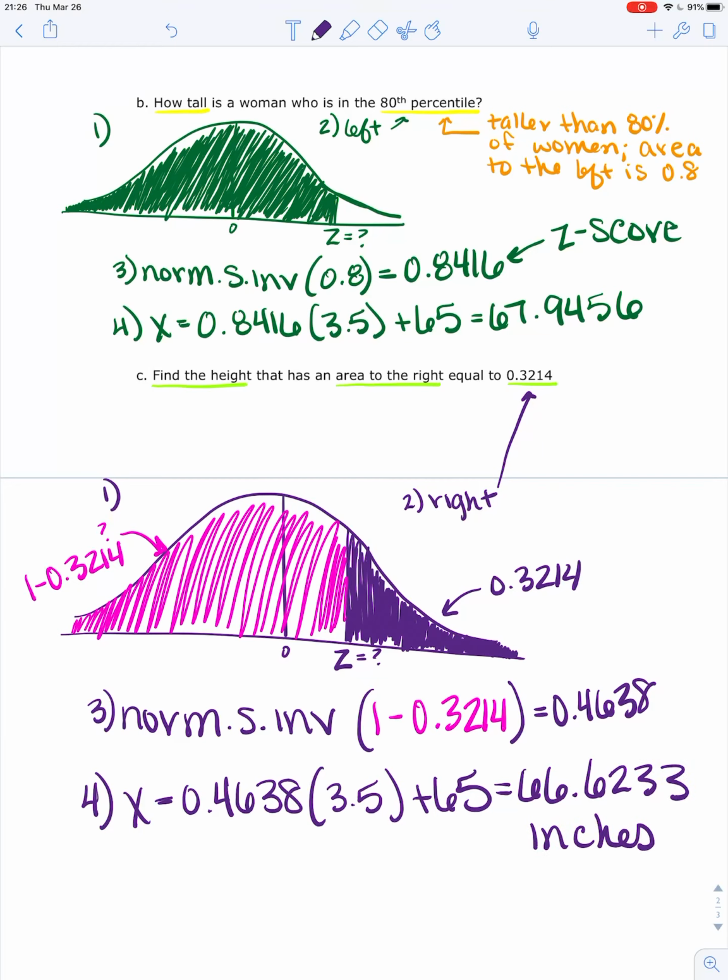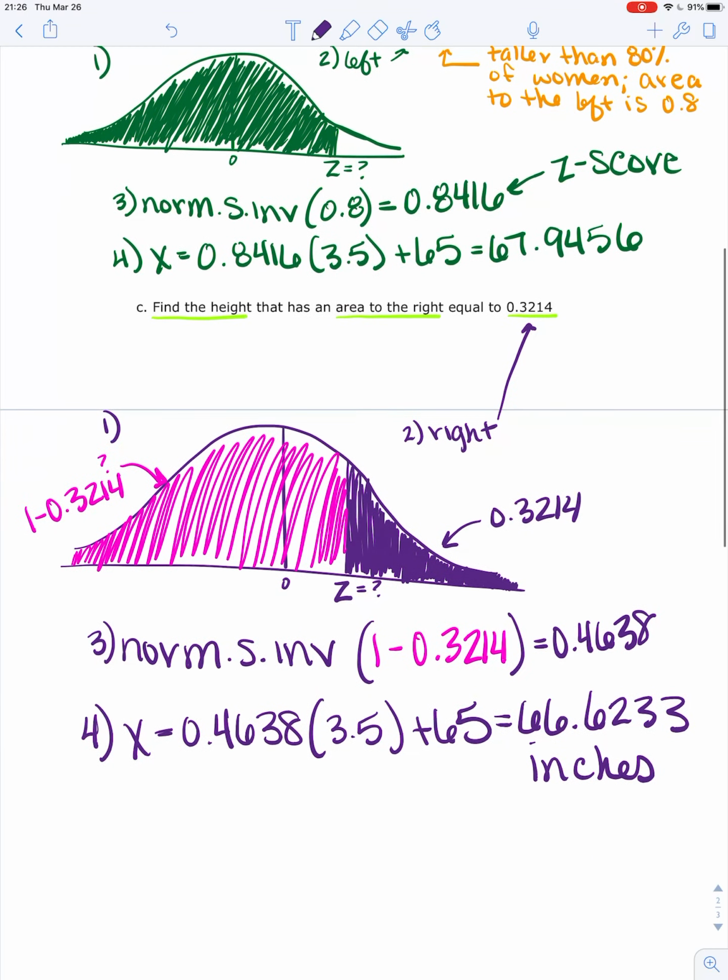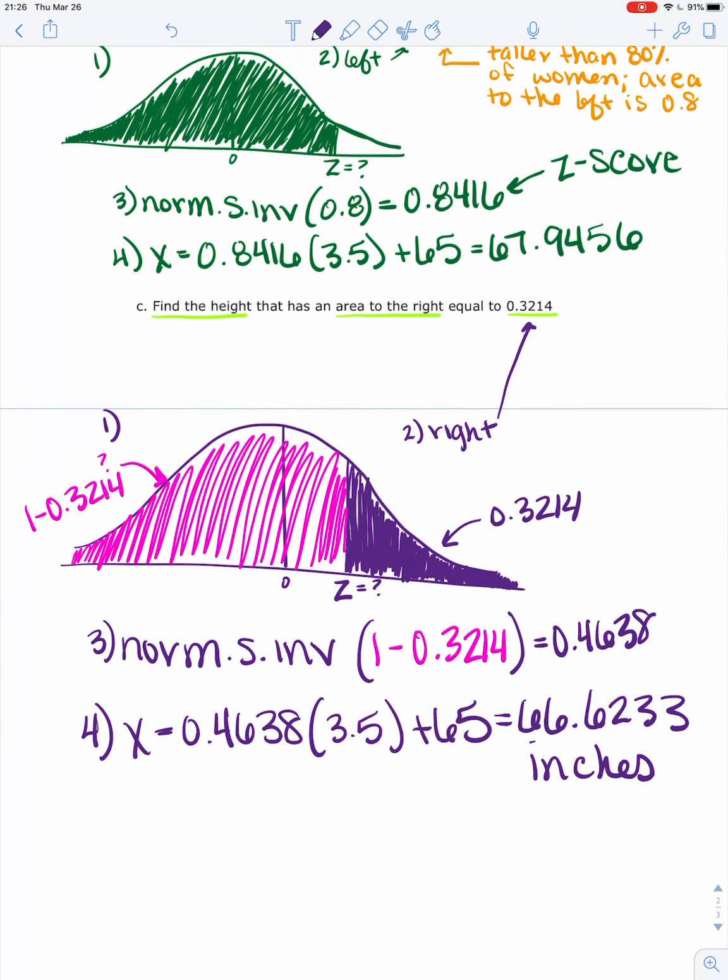And that is inches. I forgot my units on the last one. Okay. So if you are 66.6233 inches tall, roughly 32% of people are taller than you. Or the probability of selecting someone that is 66.6233 inches tall or more is 0.3214.